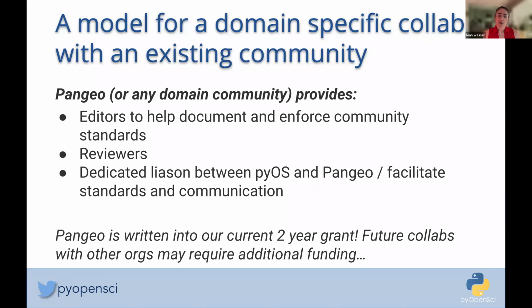We'll also need someone who is a liaison between your organization and ours to facilitate documenting those standards that you'd like to add to our peer review process, and to keep that conversation going between the two organizations to make sure we're moving in the right direction together. And then reviewers, we can always use reviewers for our peer review process, so that would be really helpful.